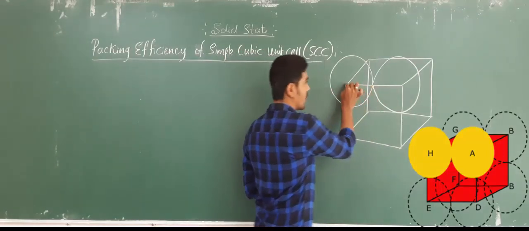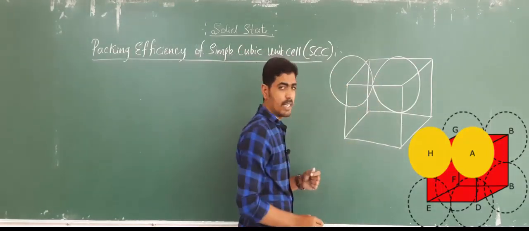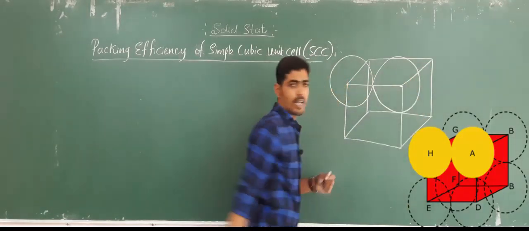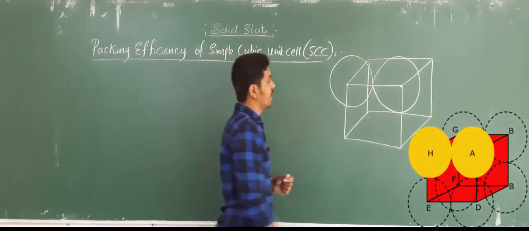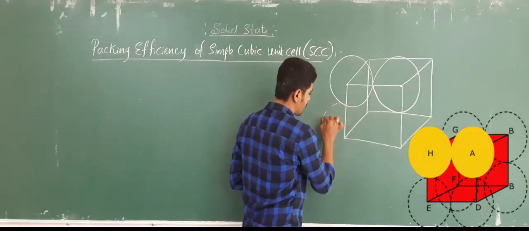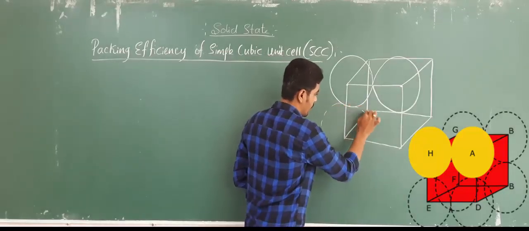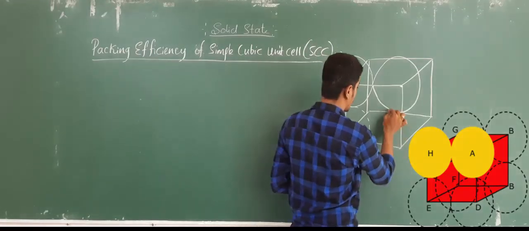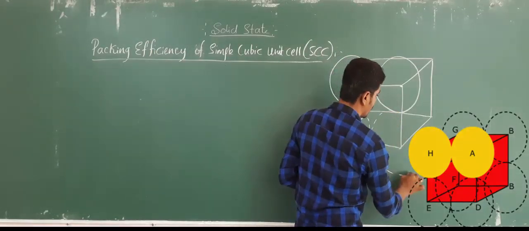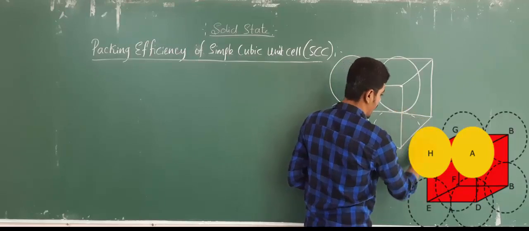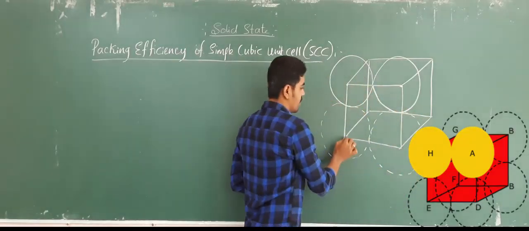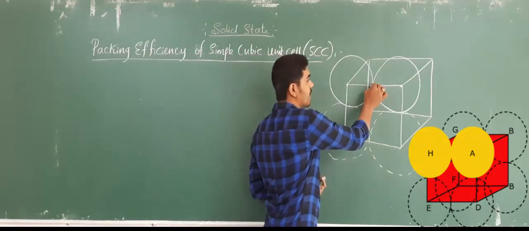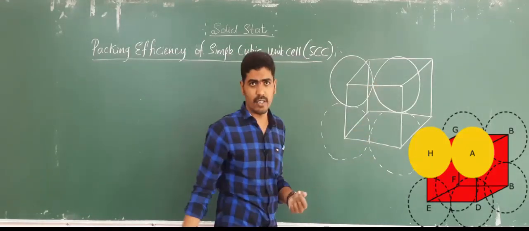At this corner one particle will be present. At this corner another particle is present, and here also one particle will be present at this corner, and at this corner also one particle is present. And remember that they should be exactly at the centers, and those spheres should touch each other.